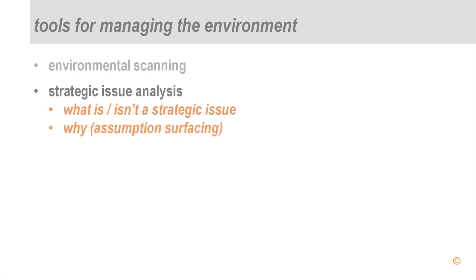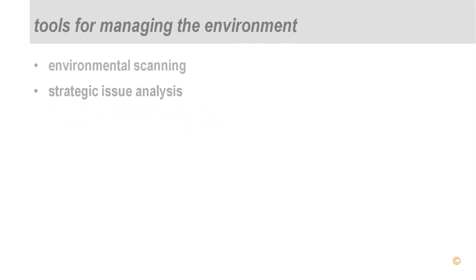Why is it important if I choose to say that issue is important? So one of the methodologies that is used here is assumption surfacing. In other words, we look at what are the assumptions that I have, so that I'm saying this trend or this development is important for my system.